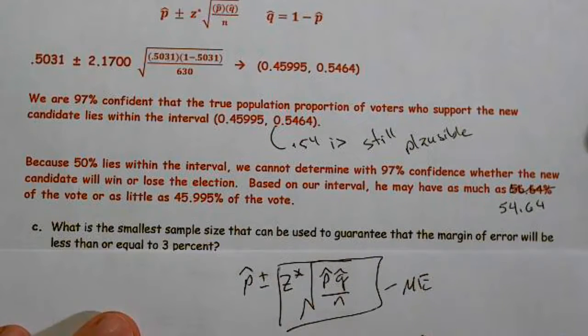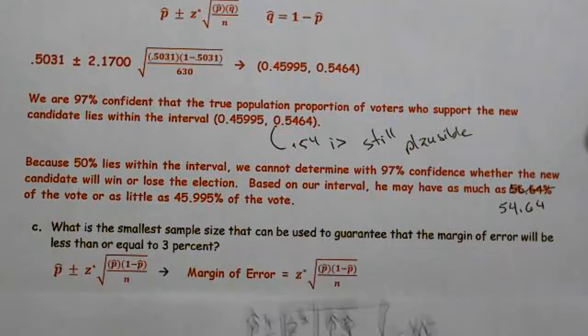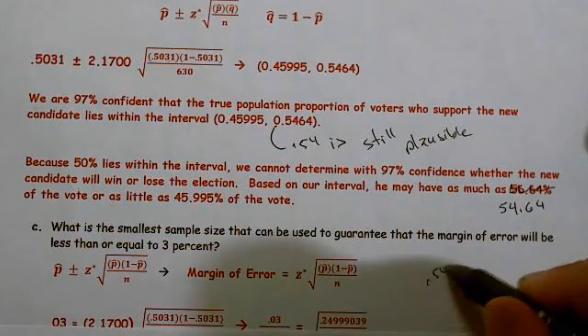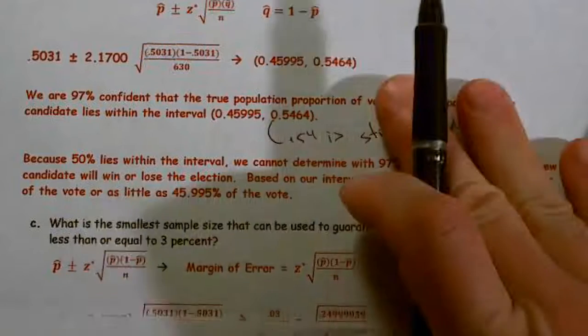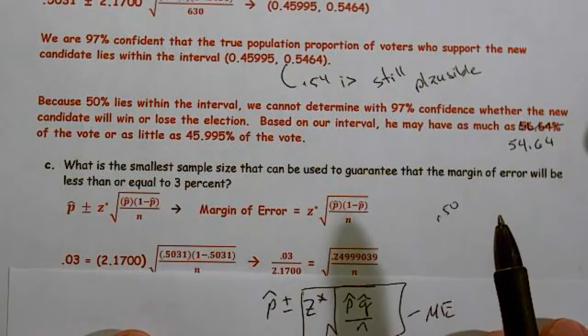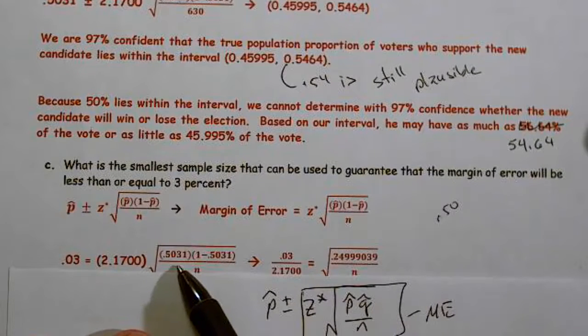And we know we have a p hat in this case. All right. What was our p hat? Well, we calculated 0.5031. And you're like, well, why didn't you use 50%? Well, we already have an estimate for the people who will support them. We use 50% when we don't. So 0.5031 times 1 minus that.